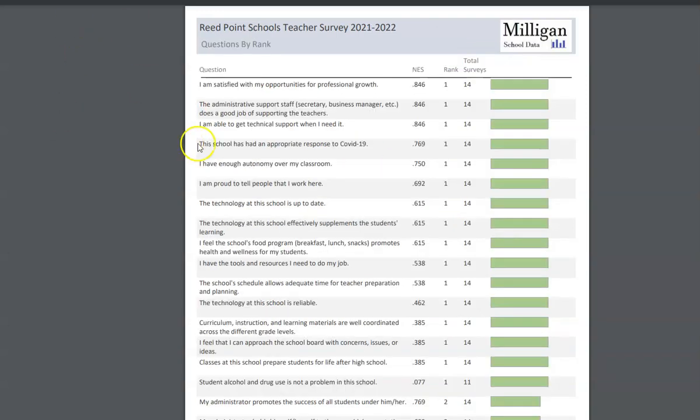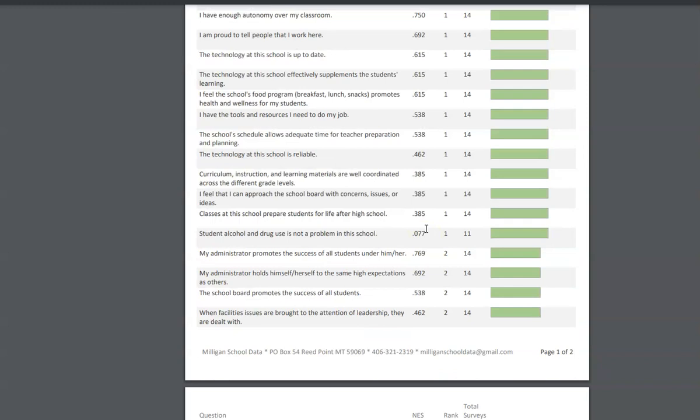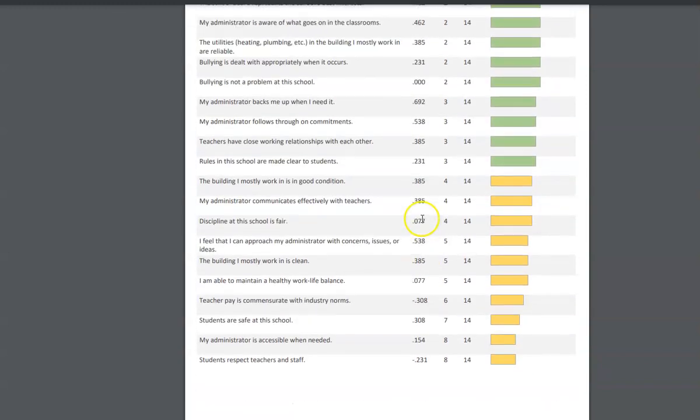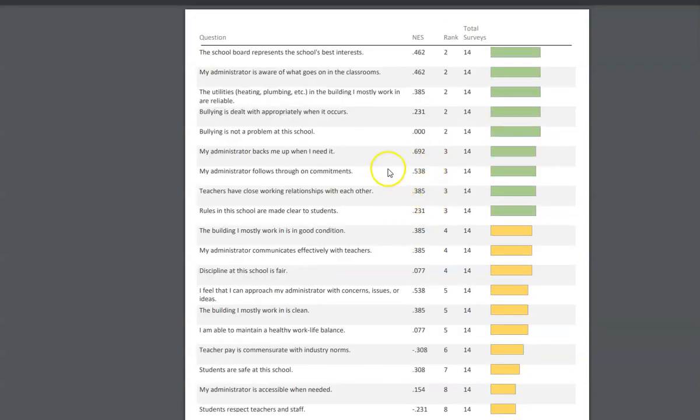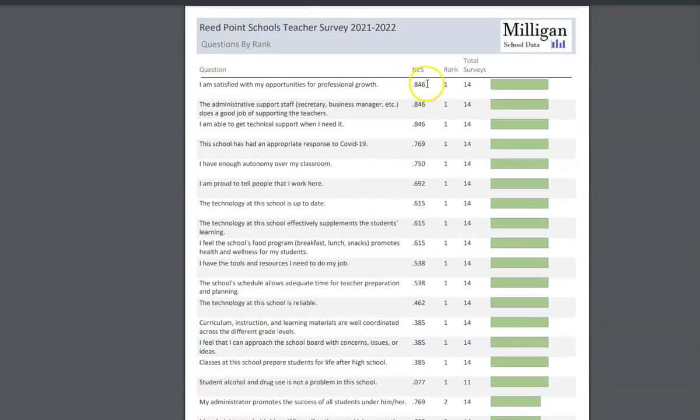So this is a report that shows your net engagement score, where it compares to all of the other surveys that were conducted at the same time. And so for this particular question here, let's go right here, has a net engagement score of 0.846. And when you look at all 14 teacher surveys that were done at this time, 0.846 was the highest net engagement score.